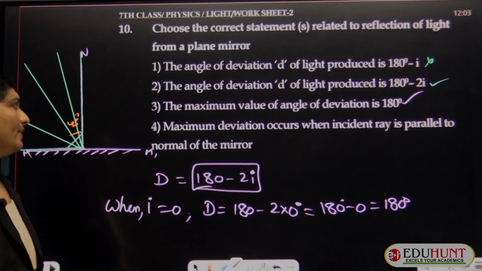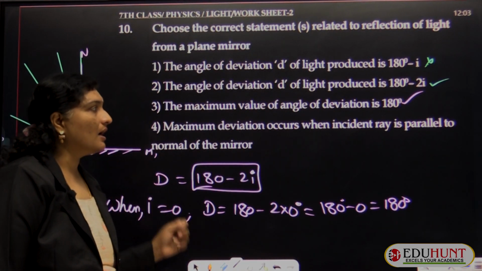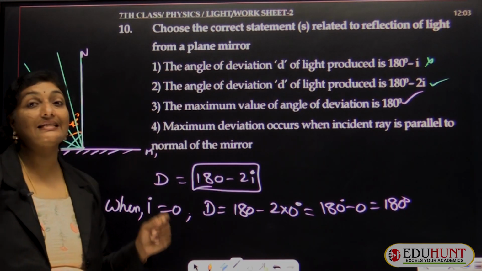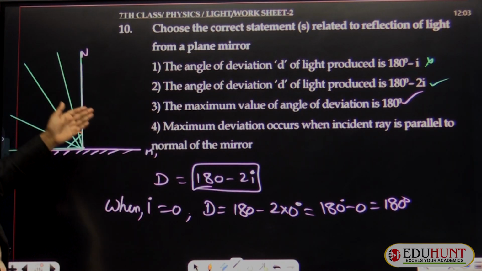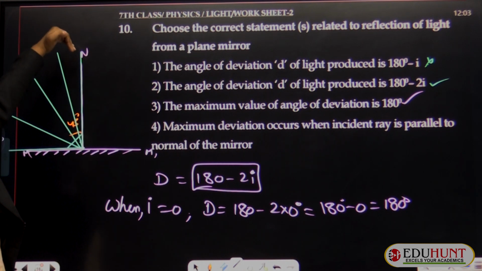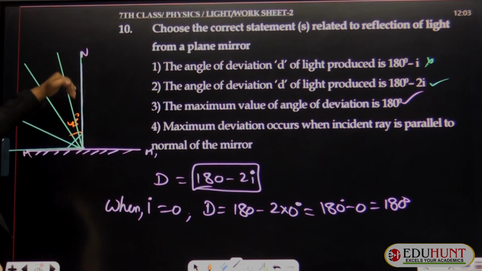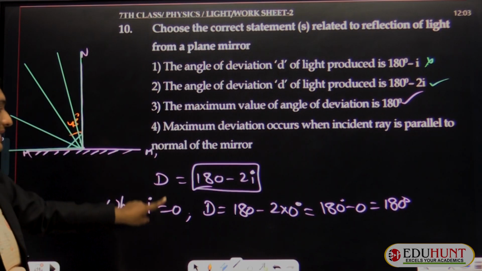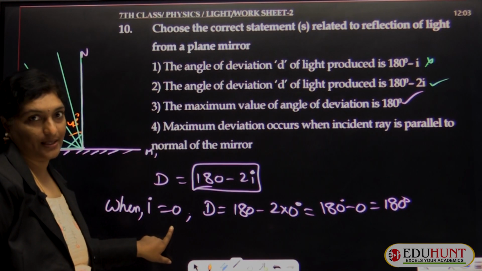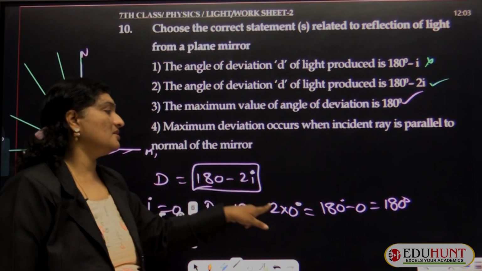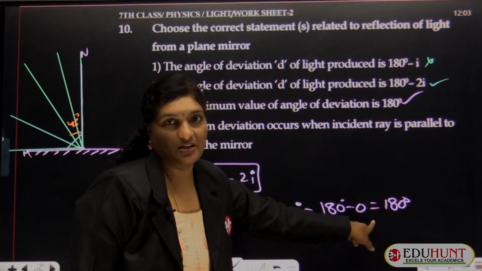Now to the last point. Maximum deviation occurs when the incident ray is parallel to the normal of the mirror. Of course, the same. Whenever a light ray is incident parallel, that means along the normal, then the angle of incidence is found to be 0 degrees. When the angle of incidence is 0 degrees, maximum deviation is 180 degrees.